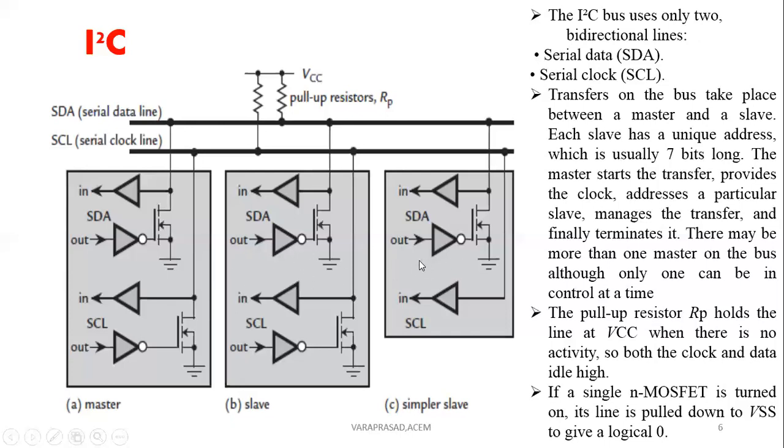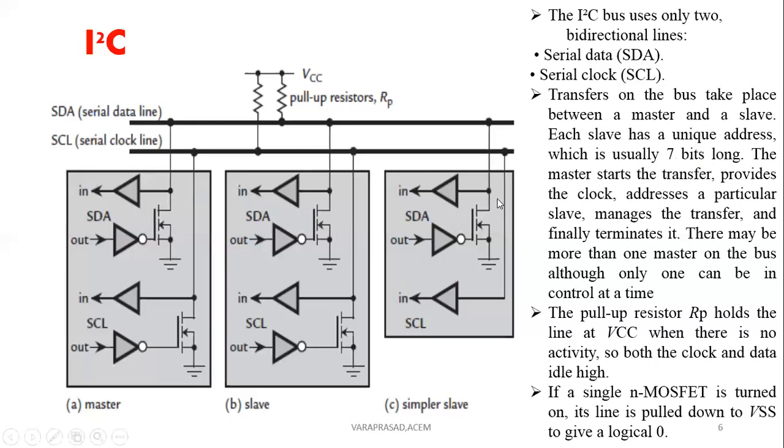Here I squared C consists of more number of masters and more number of slaves. The slaves are identified by using a 7-bit address.